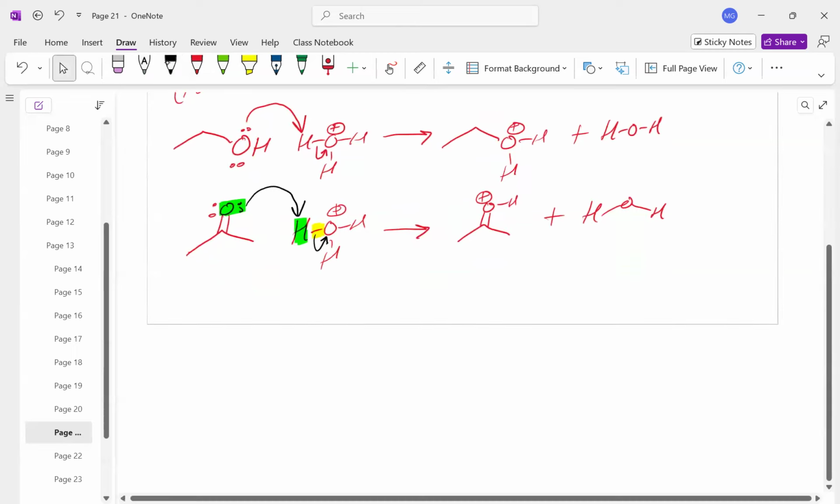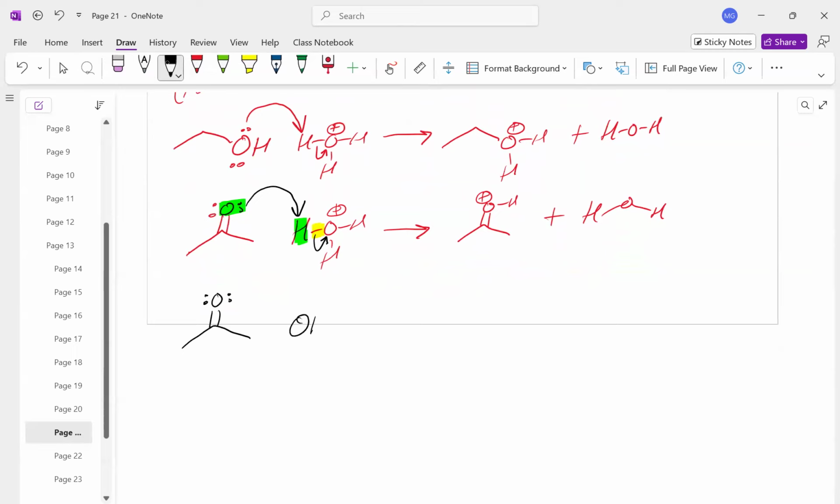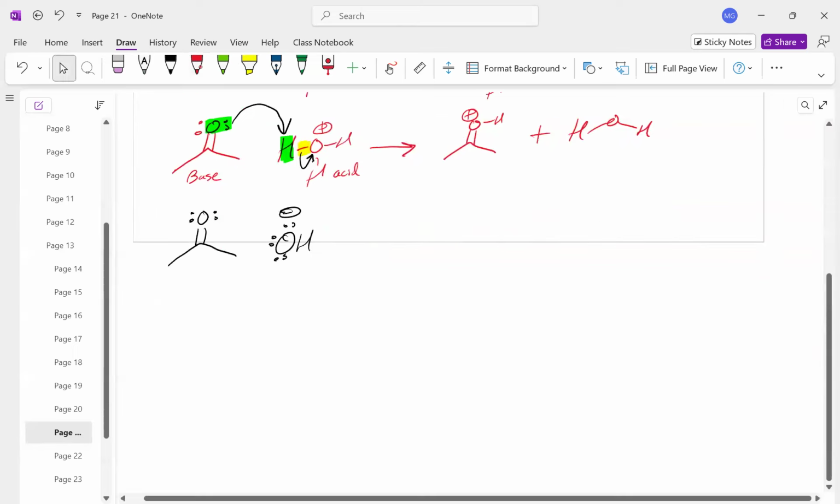Now, let me switch this up a little bit. I'll use this same carbonyl here, but this time I have hydroxide here. In the previous problem, this was acting as the base, and hydronium here was the acid. But what's the base in this last example?